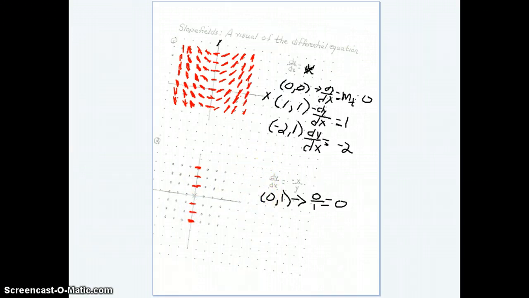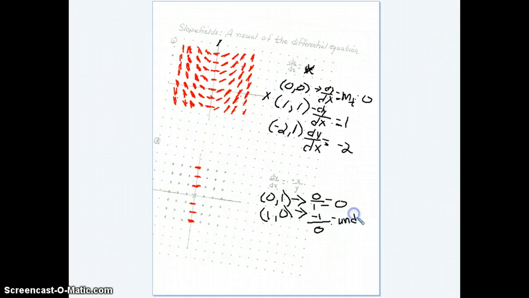All right, let's pick another point. Let's pick on the x-axis. Let's pick (1, 0). If I pick (1, 0), I get the opposite of the x over y. So that gives me 0 in the denominator, and what does that give me for a slope? That gives me undefined.